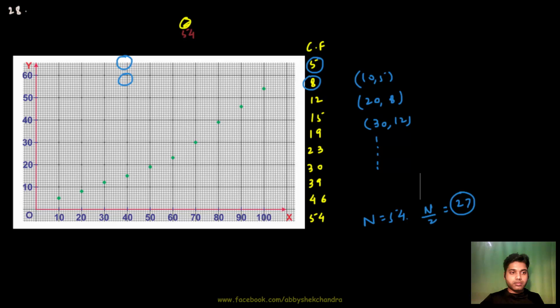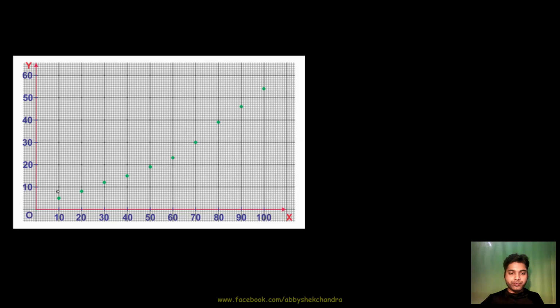So this is the ogive. We'll draw the line n by 2, which was 54 by 2 equal to 27.